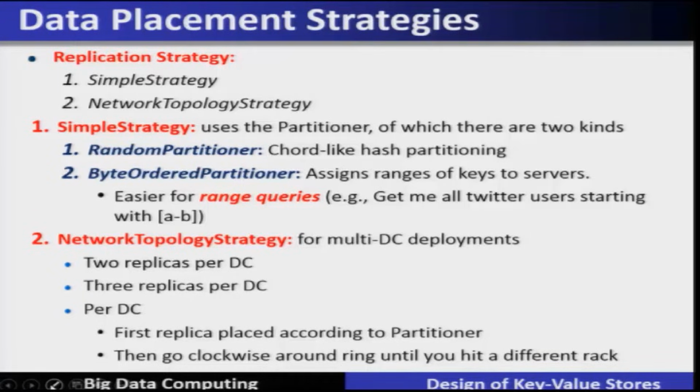For example, let me call all the Twitter users starting with A to B. But instead of going for a byte order partitioner, random partitioner is the recommended partitioner. Why?